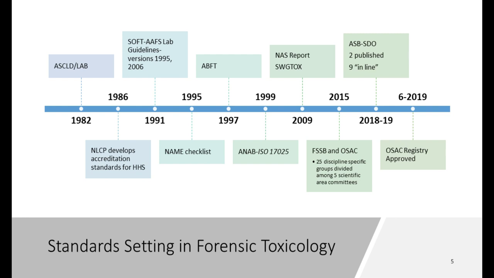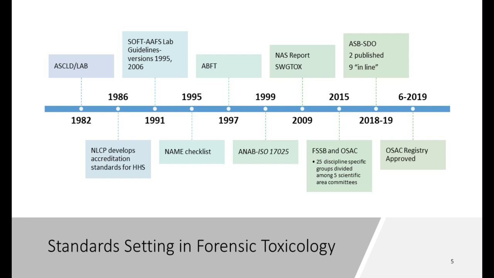In 1991, SOFT, which is the Society of Forensic Toxicologists, and AAFS, which is the American Academy of Forensic Sciences, developed laboratory guidelines, the first version in 1991, and then following with new versions in 1995 and 2006. NAME, which is the National Association of Medical Examiners, had previously accredited medical examiner offices prior to 1995, but they did not do it on a checklist.